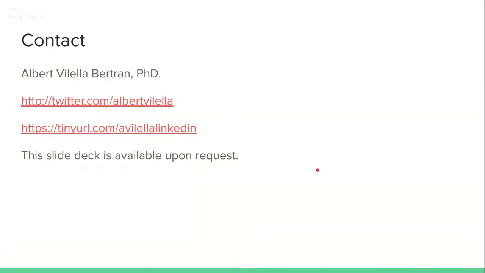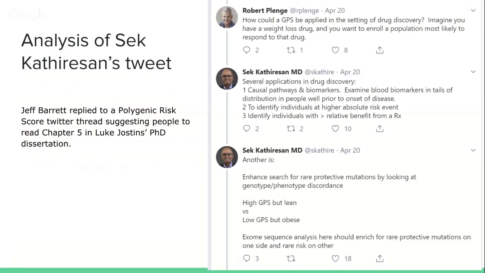Today I'm going to talk about another Twitter thread related to GWAS, and in particular one by Sek Katirezan, who, for those who follow him on Twitter, is involved in cardiovascular disease. He tweeted about a recent paper they published on obesity and the genetic score of obesity.